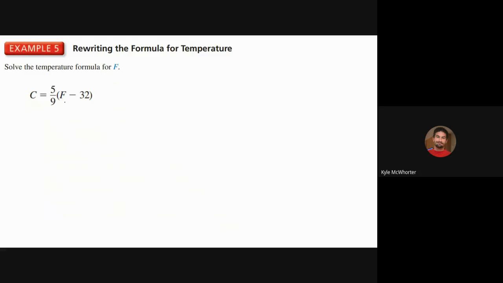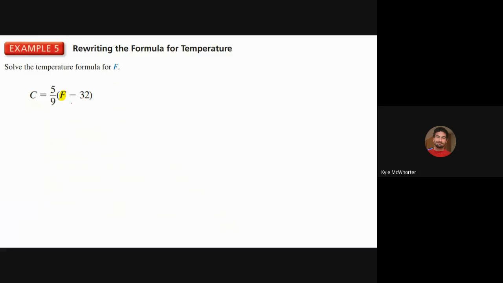Okay. So looking at the formula here, let's try to figure out what we're going to do. F is what we want to get by itself. What's happening to F right now? We've got subtraction, minus 32, and we've got multiplication by 5/9. Now, generally, we like to get rid of addition and subtraction before we get rid of multiplication and division, right?